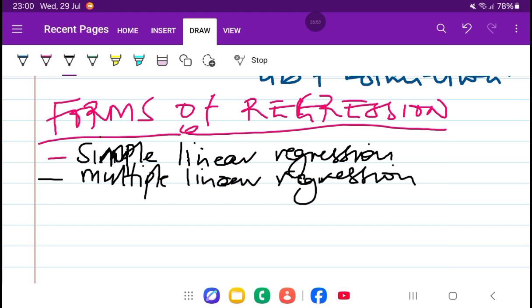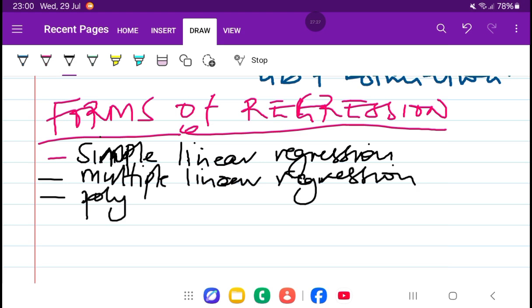Our emphasis is to look at these two, but even these two, as far as this syllabus is concerned, we are going to just focus on the simple linear regression, but I just want us to have an understanding of the different types. Of course, if you are doing statistics, maybe if you're a statistics major, you'll have an understanding of all of these regression analysis.